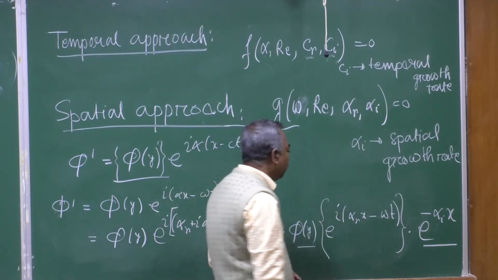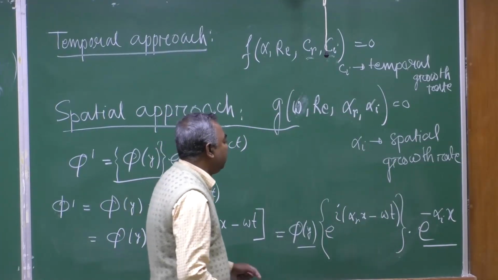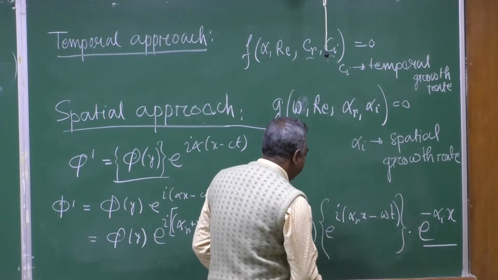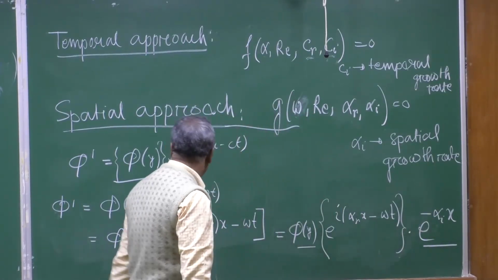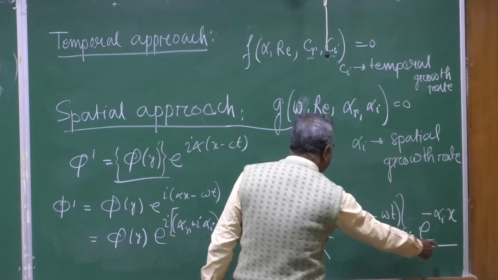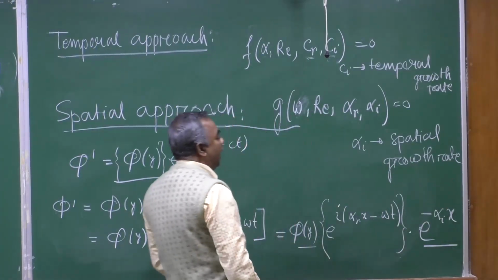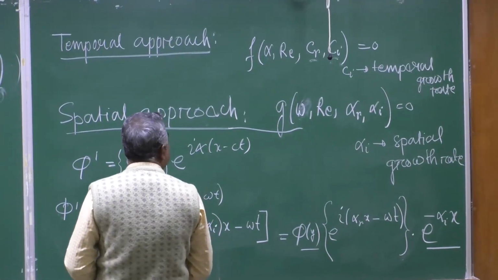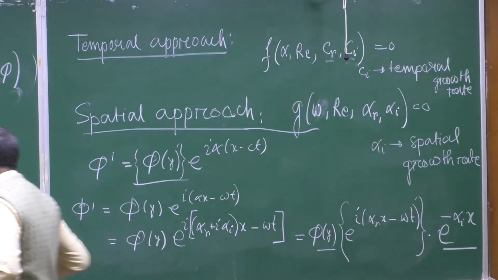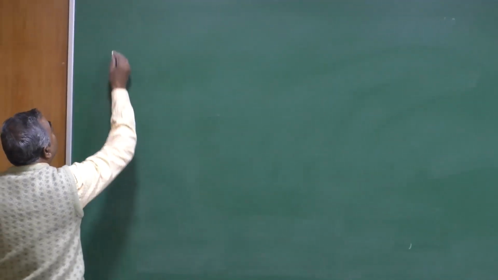Okay. So, essentially you see, if you define your amplitude as e to the power minus alpha i x, then let me just transfer the quantity here.